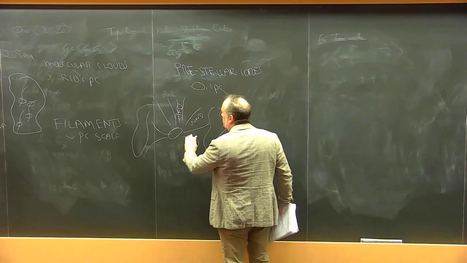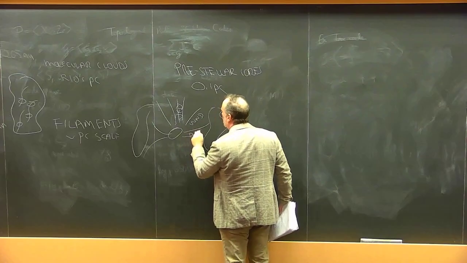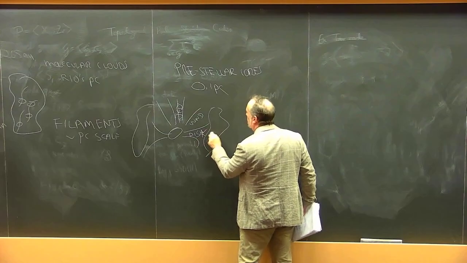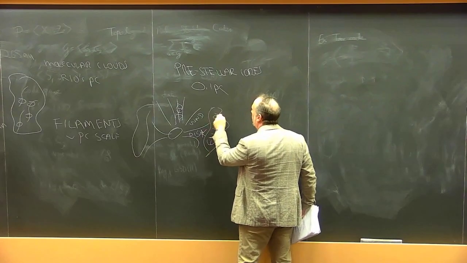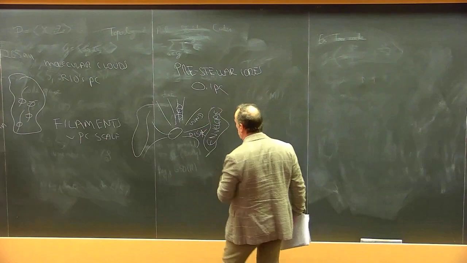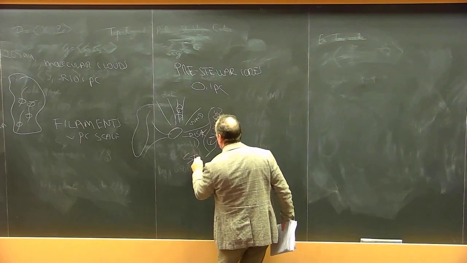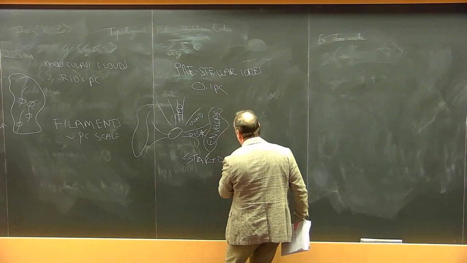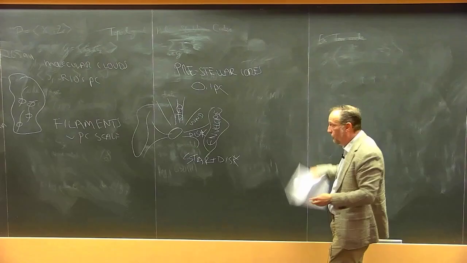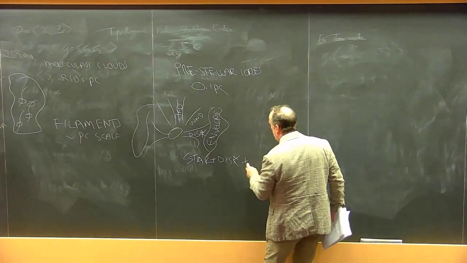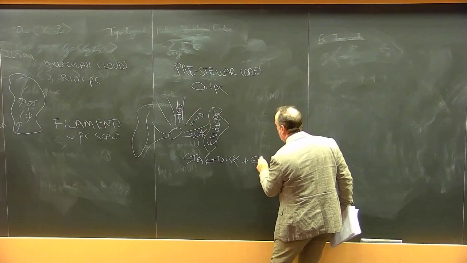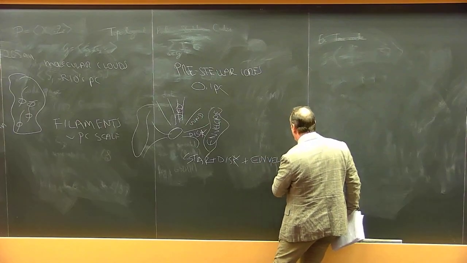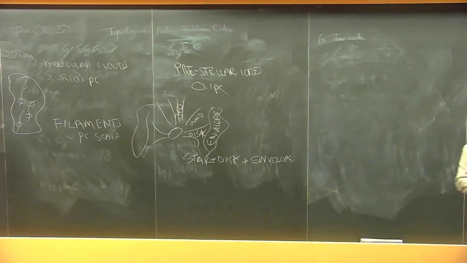So we have a star, a disk, and an envelope. Eventually the envelope dissipates, the wind blows it away, and you just have the star and the disk sitting around, and that is the main phase where planets are born. I'm going to explain that in a minute.